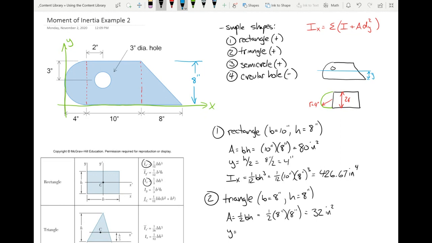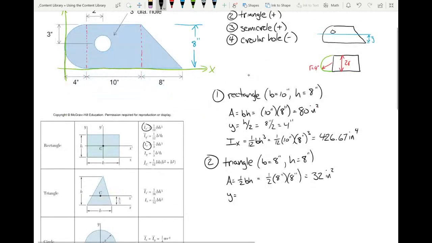Exactly, h over 3, right? So 1/3 of the height. Remember, for triangles, the centroid is 1/3 up. So this is 1/3 h, so 1/3 of 8 inches. And so that's 2.67 inches. Okay, exactly right.